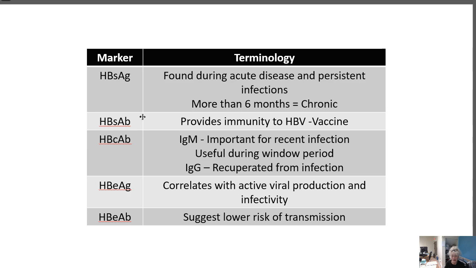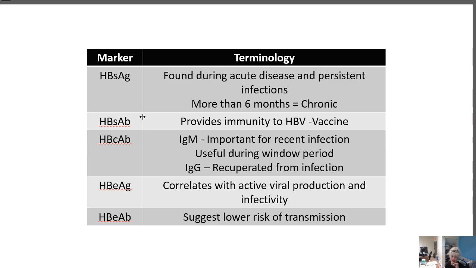Hepatitis C antibody. Typically, immunoglobulin IgM plays an important role indicating recent infection if we have high IgM levels. It's useful during a window period, and IgG later on, 8 to 12 weeks later, usually is a sign that the patient has recuperated from the infection, because IgG is an immunoglobulin made by B cells and plasma cells that are specific toward that particular virus.